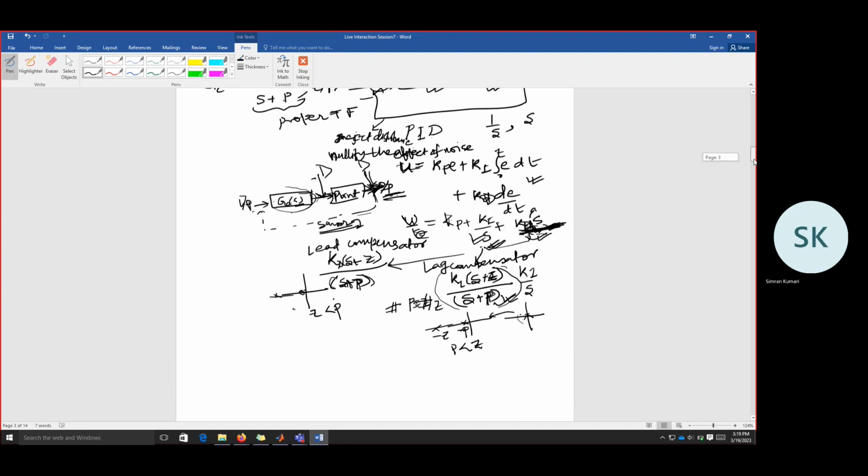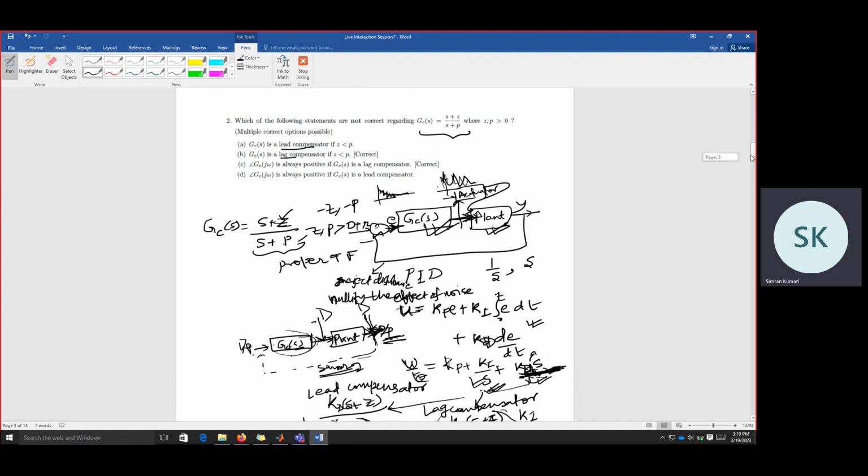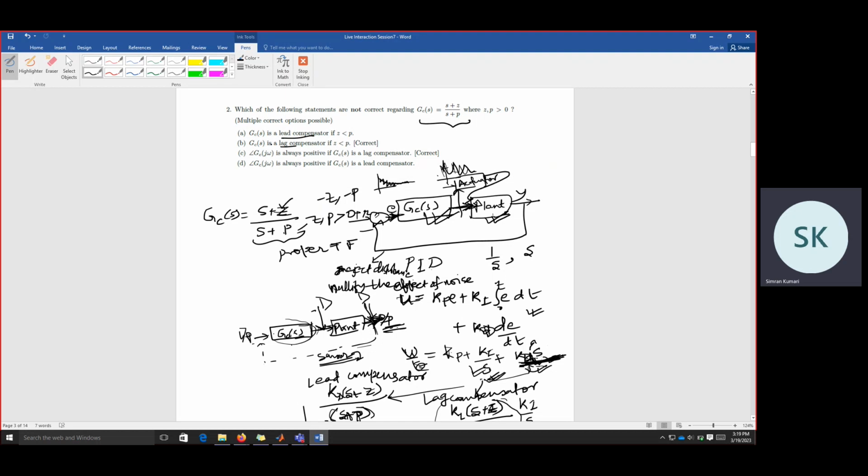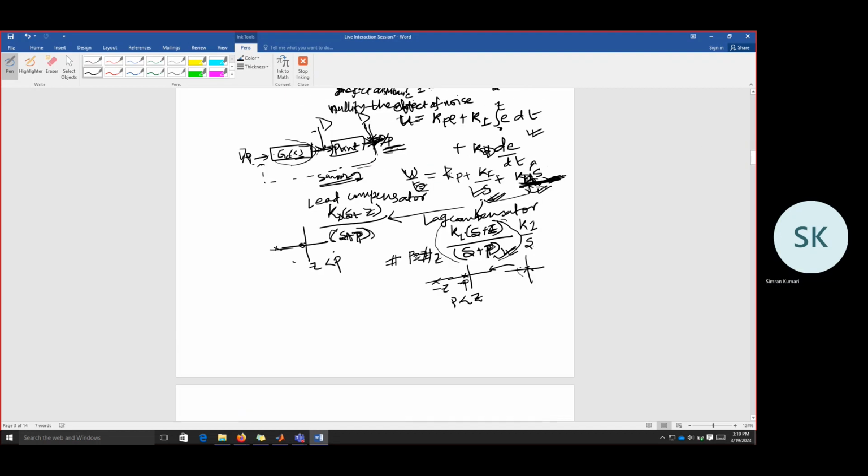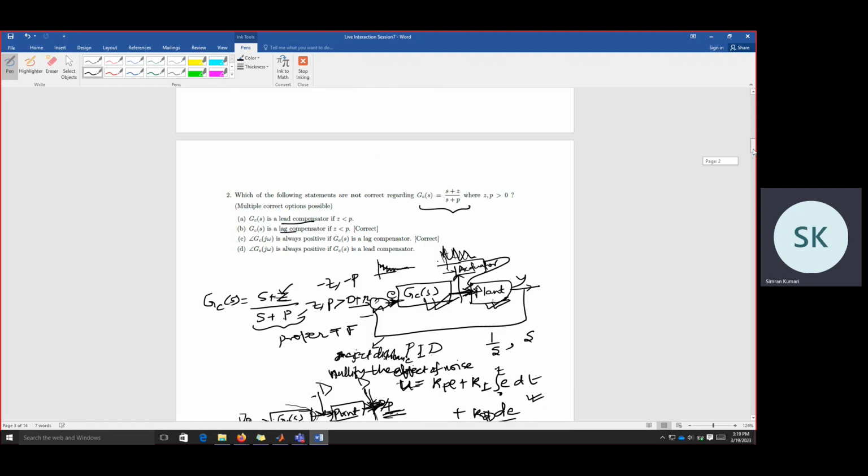Now we can see which statements are correct and which are not correct. If GC is a lead compensator, that means Z is less than P. We have seen here that yes, Z is less than P in case of lead compensator, so this is fine.